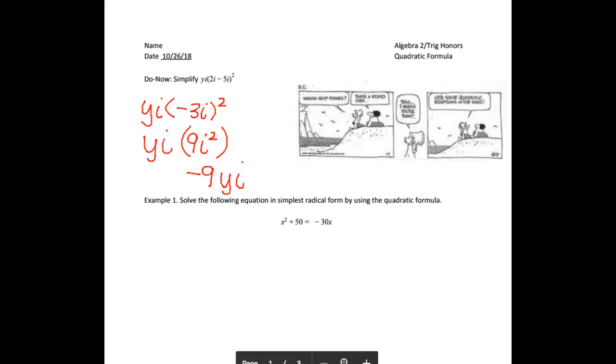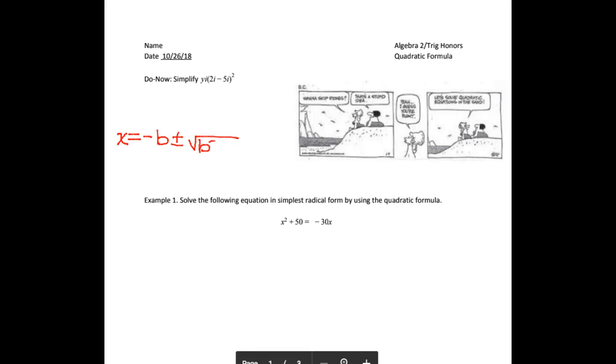Okay, I'm going to erase this so I can have some more space. And then we're going to take a look at this quadratic formula. I want to remind you guys about what the quadratic formula is. So in Algebra 1, you use the quadratic formula to solve quadratic equations.